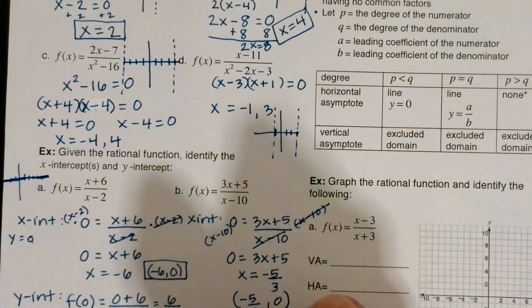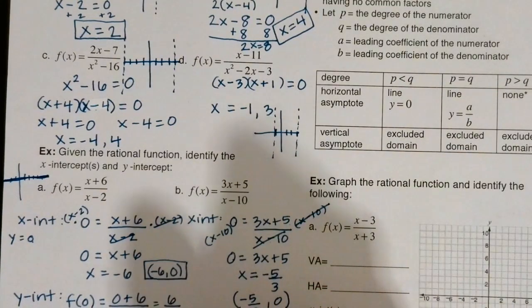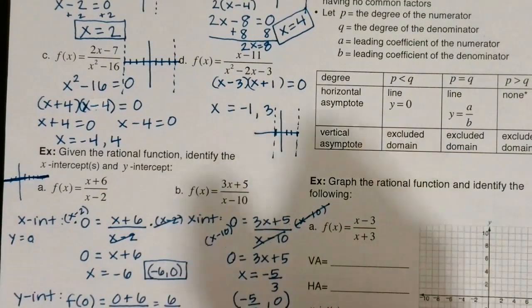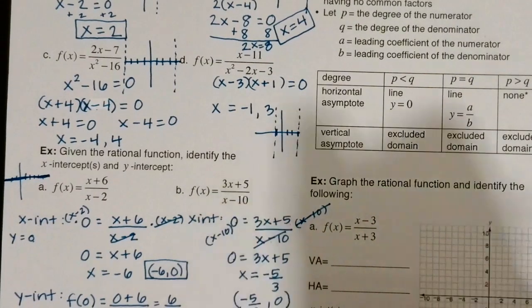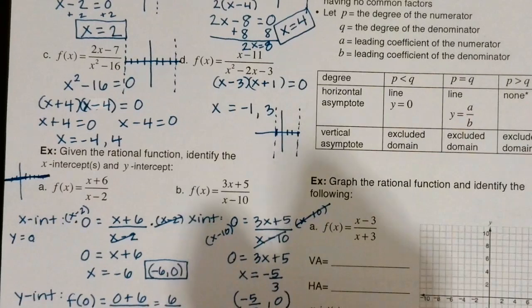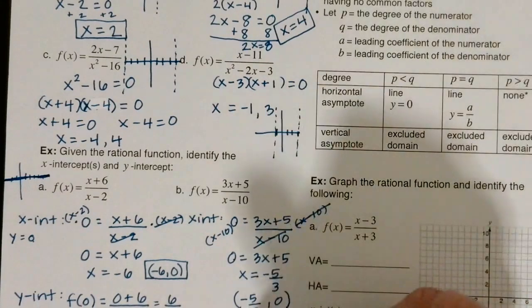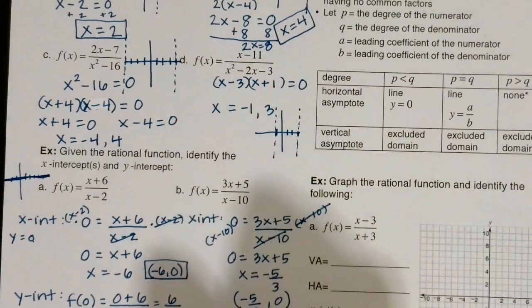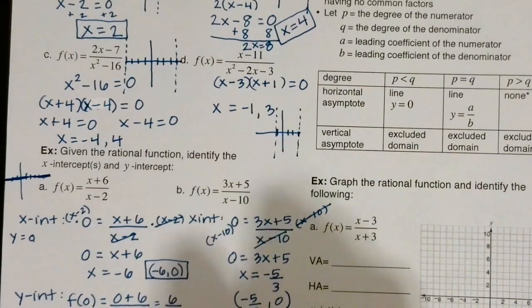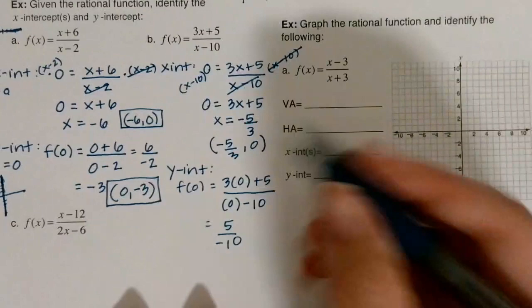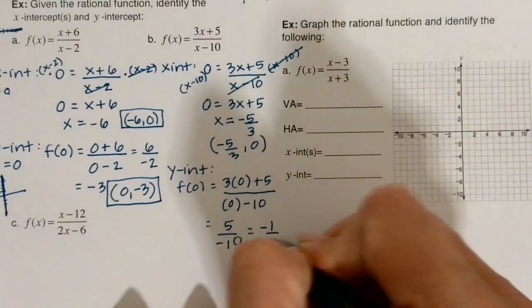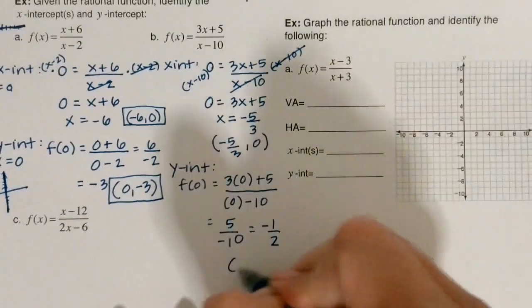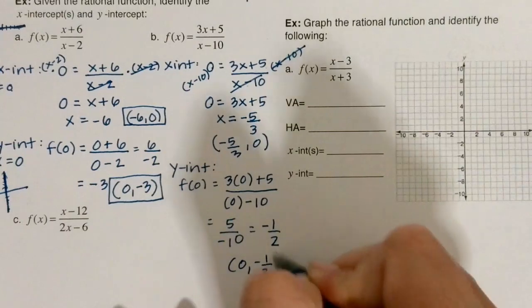And then for my y-intercept, which is f of 0, I'm going to plug in 0. So one of them you set the y equal to 0, and the other you set the x equal to 0. 3 times 0 is 0, plus 5 is 5. 0 minus 10 is negative 10. So that's going to equal negative 1/2 when you reduce that. So that's 0, negative 1/2.